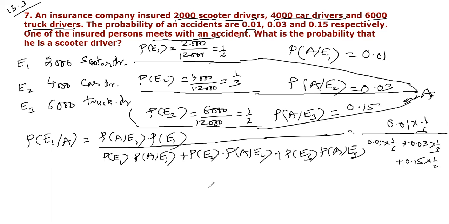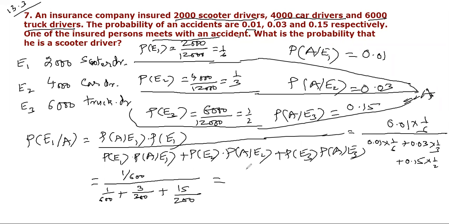So removing decimals, I'll write the next step: 1 by 600 divided by 1 by 600 plus 3 by 300, that is 1 by 100, and 15 by 200.